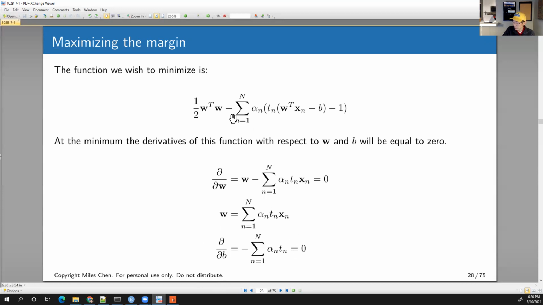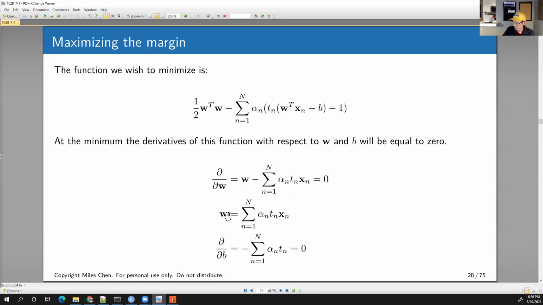So we can say the derivative of this with respect to W is, when you take the derivative of 1/2 W transpose W, that becomes W. Then all of these other things, when you multiply them together, this is the only one with the W term in there, so the rest drop out as constants. But you take the derivative of AN TN times XN multiplied by W with respect to W, and you get this summation.